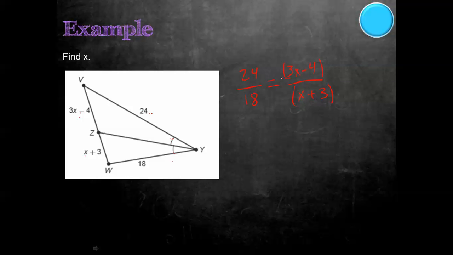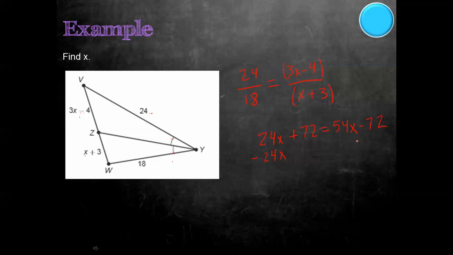So when I cross multiply, I have to take 24 times x, which is 24x, and 24 times 3, which is 72. Here, I have to take 18 times 3x, which is 54x, and 18 times negative 4, which is negative 72. Okay, so now I'm going to put all of my letters on one side, all of my numbers on the other side.